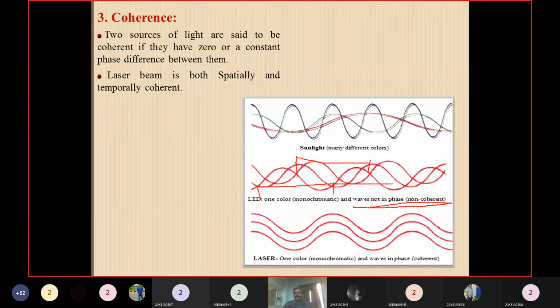In case of an LED, that is so; but in case of a laser, it is monochromatic, the distance between two successive maximas is constant, and they have the same phase. If you take this point also, there is a constant phase difference between these three waves. That is in case of lasers.